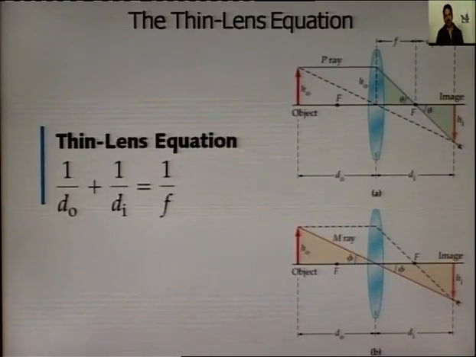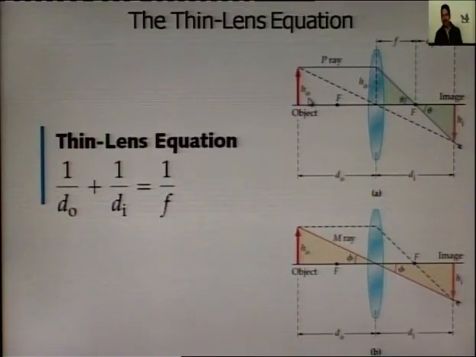Now, let us discuss the thin lens equation. We will discuss it for a convex lens only. We have a convex lens and an object is placed at a distance d naught from this convex lens, and the image of this object is formed at a distance di by this convex lens.